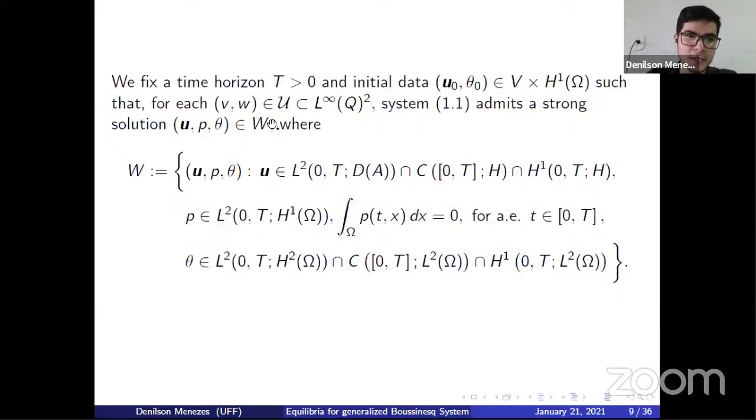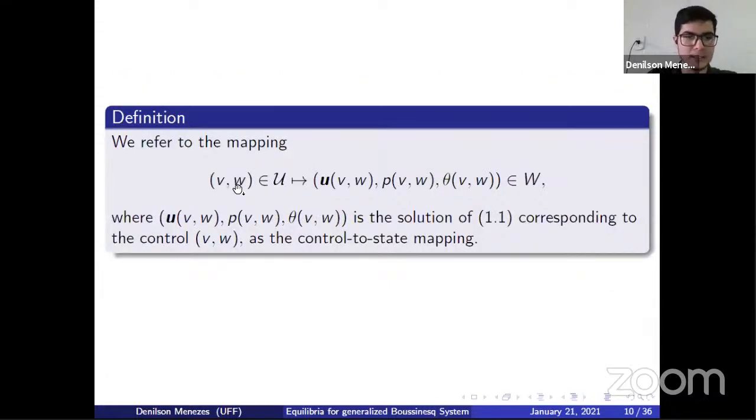So if we fix a time in the condition of the previous theorem, we can, for each data, find a solution in this space that we call W. So we can define this mapping that takes the control and brings the solution of the problem, the state. So this mapping is well defined.